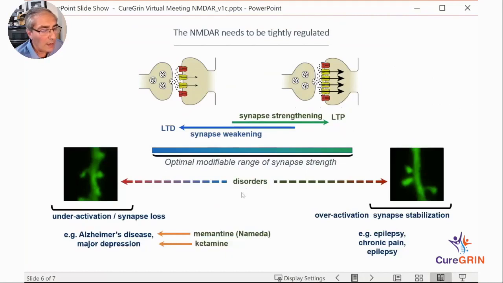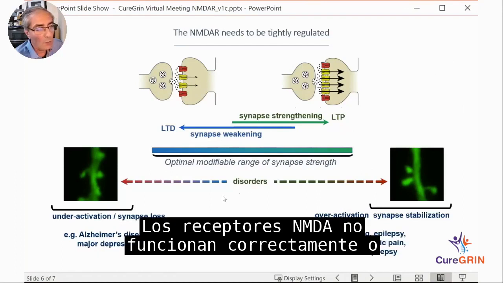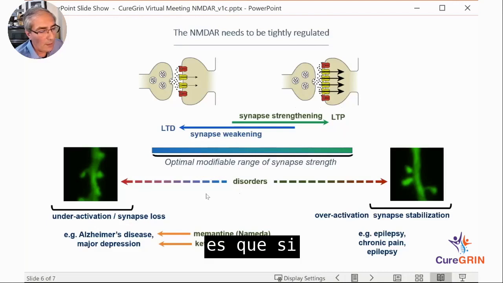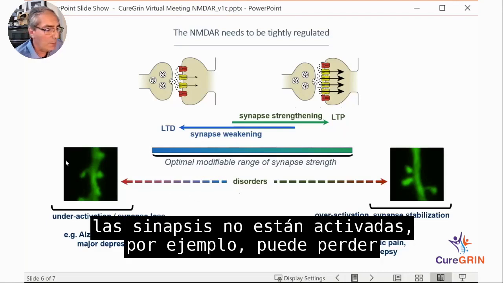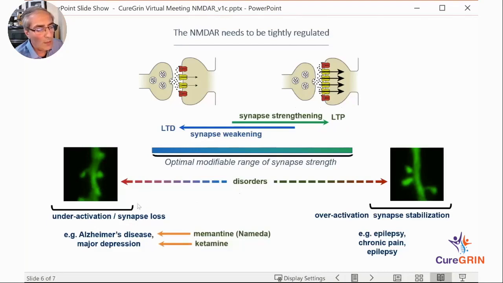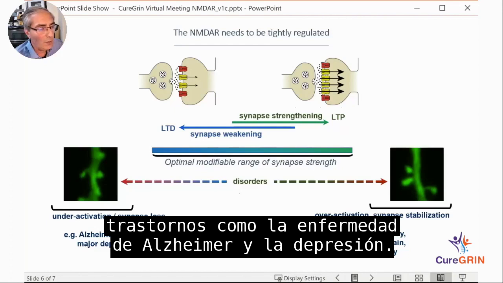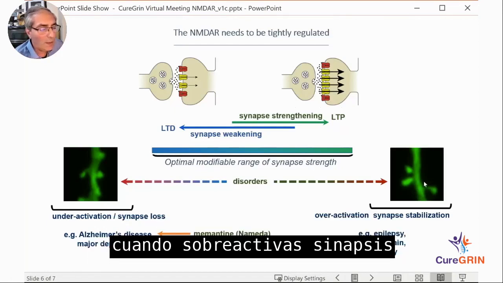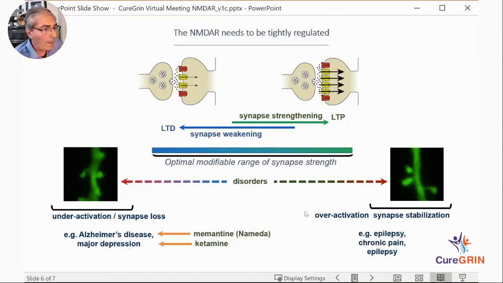What can happen is that if synapses are not properly regulated, and that can be because of NMDA receptors not working properly or other gene products not working properly, if synapses are underactivated, for example, you can lose these synapses, and that can lead to disorders such as Alzheimer's disease and depression. The opposite can also happen when you overactivate synapses. That can lead to epilepsy or chronic pain.